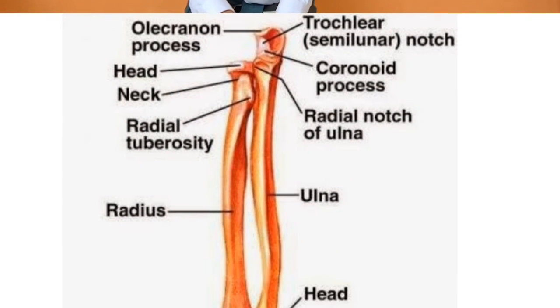This articulation is a hinge joint, allowing flexion and extension. The ulna also articulates with the radius on the lateral side. There is also a process called the styloid process.